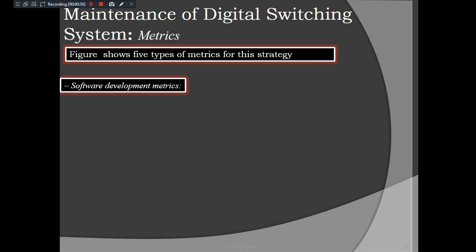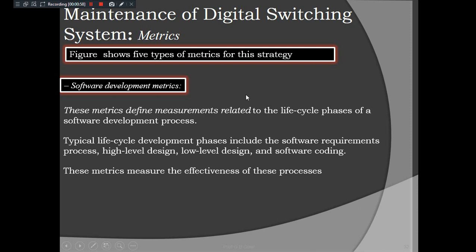Like software development metrics, let us see what the performance parameters related to the software development process are. These metrics define the measurements related to the life cycle phases of the software development process. Life cycle phases means the system design life cycle.